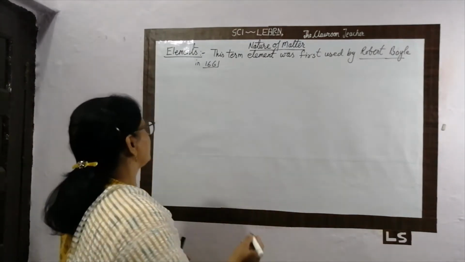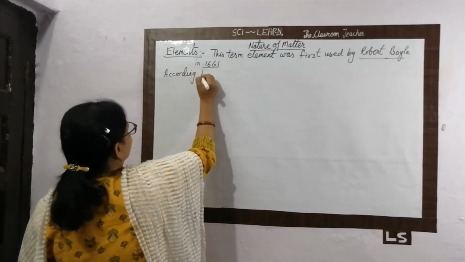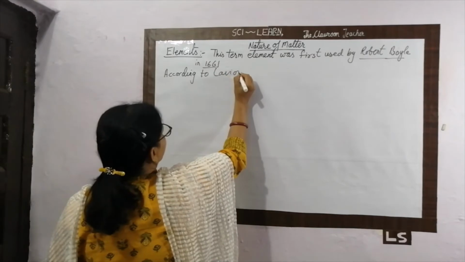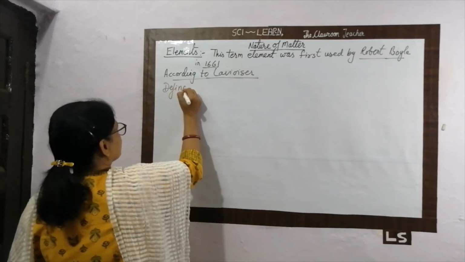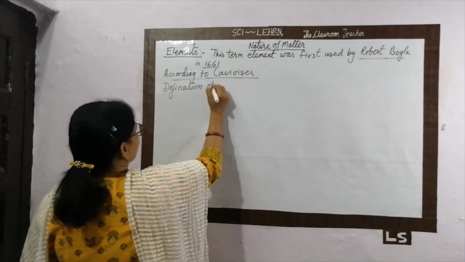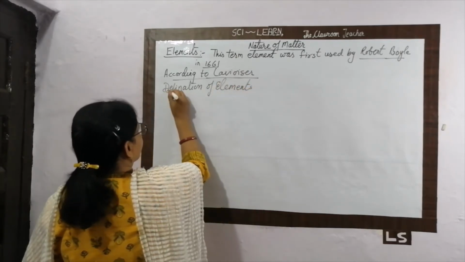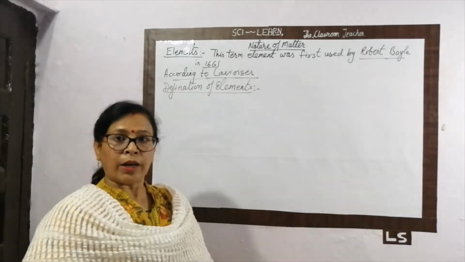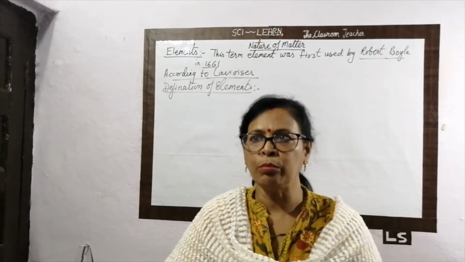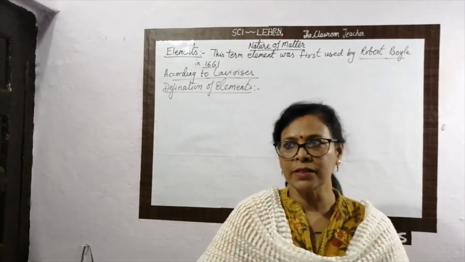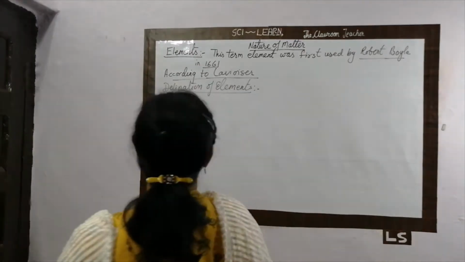According to Lavoisier, the definition of element is: an element is a substance which can neither be broken down into simpler substances nor formed from 2 or more simpler substances.